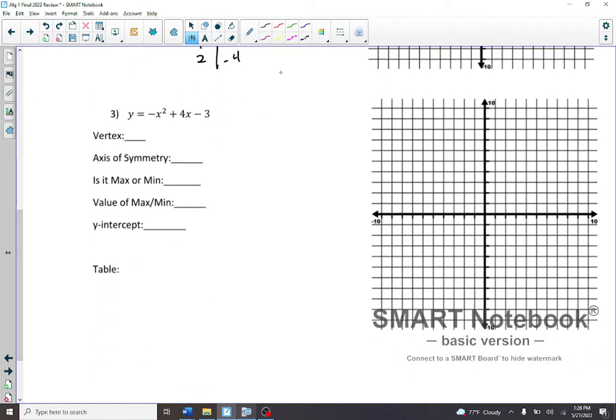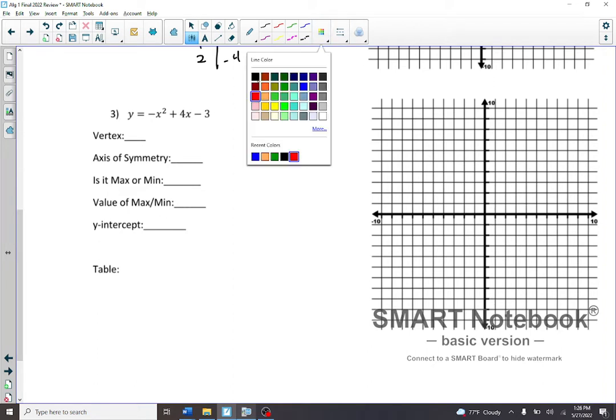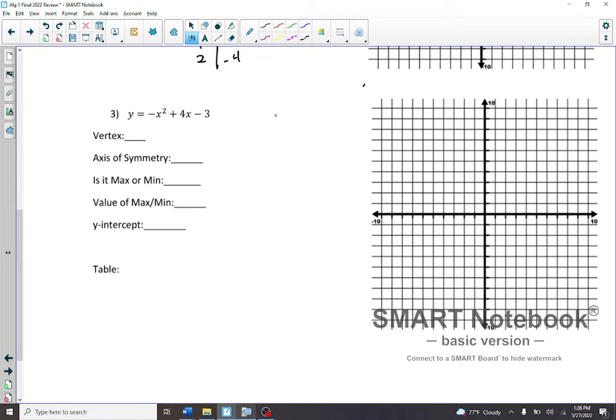Next one. Here we actually have to do something because we have A, B, C values. So A is -1. B is 4. C is -3. So now we're going to find the vertex. So we need to find -b over 2a, which is -4 over 2 times -1, which reduces all the way to 2.